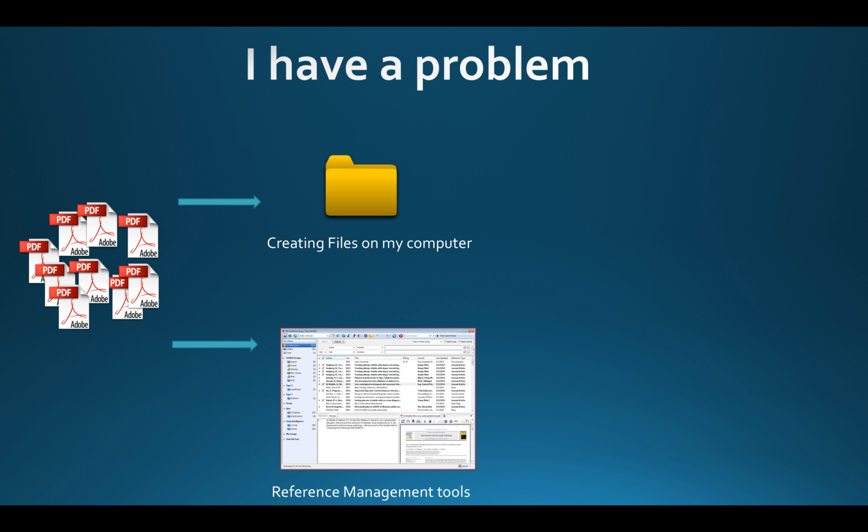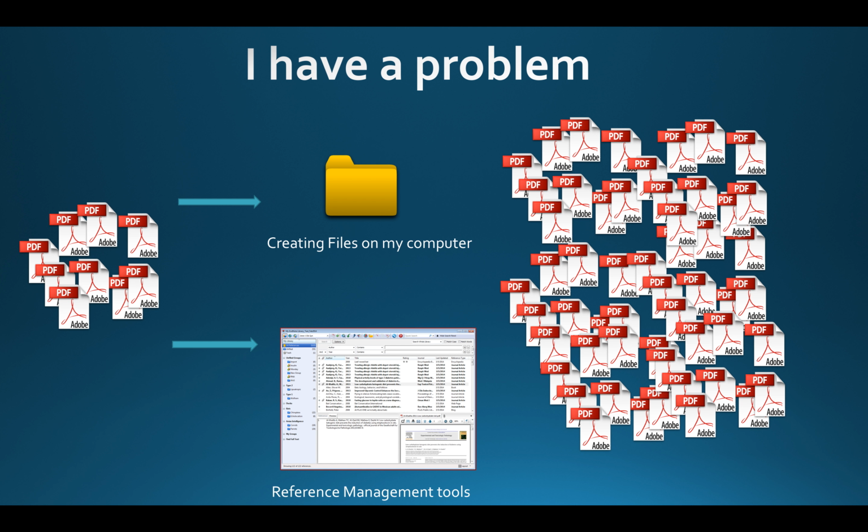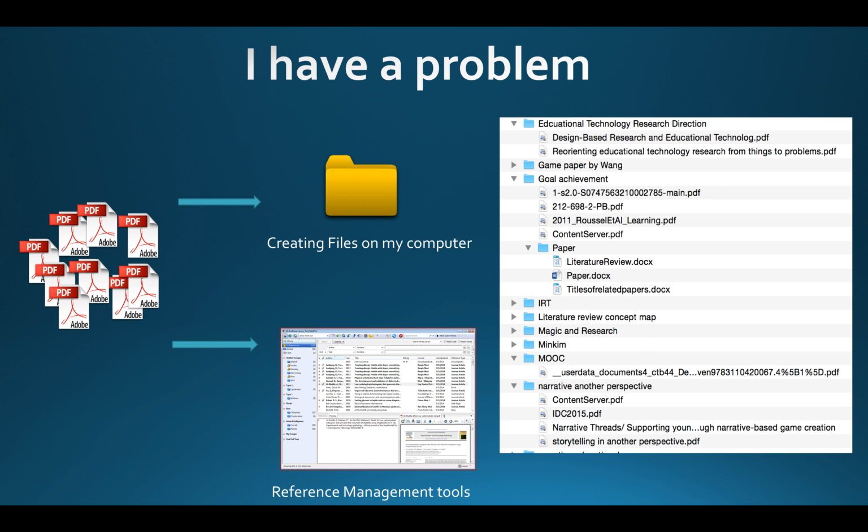But I found out that after 2 months, I collected more and more papers related to the topic of interactive narrative, and it's very hard for me to organize them in a visualized way. The way I use looks like this.